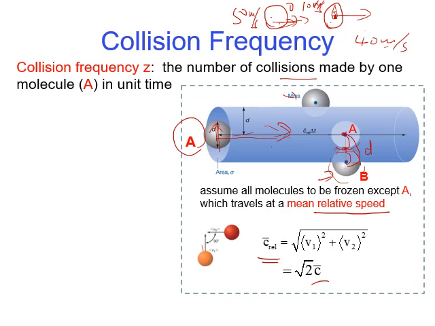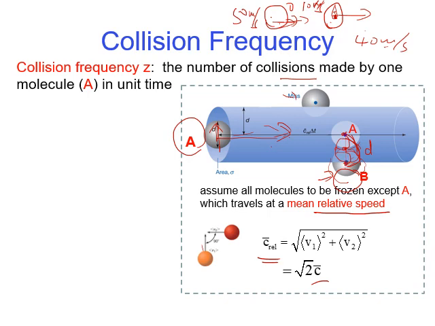And if you have another molecule, let's say C, further away from B, then it will not collide with A. But if it's closer, then it will collide with A. So B is the last molecule that can collide with A.